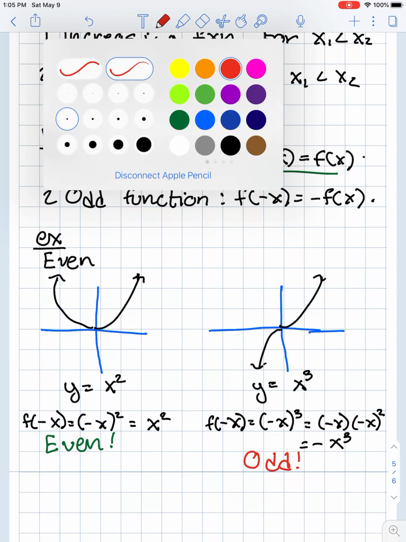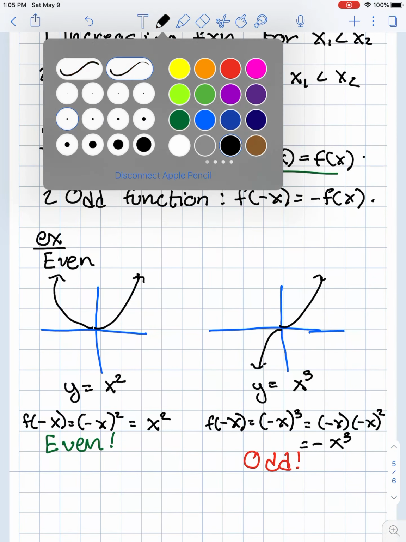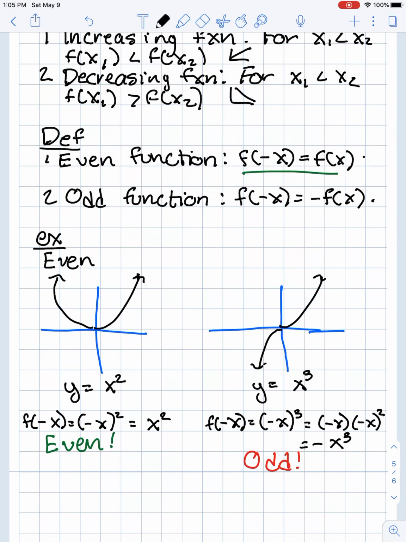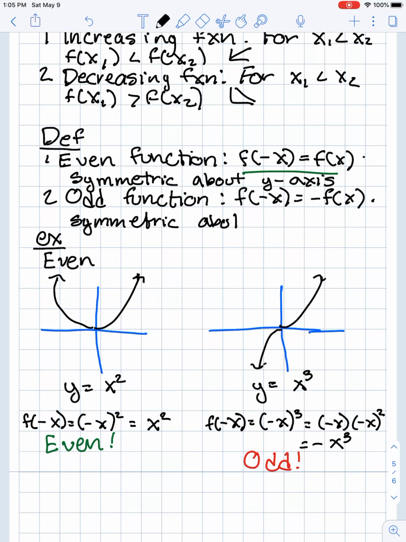Even and odd functions, you can even look at a graph and kind of tell them apart. Even functions are symmetric about the y-axis. And odd functions are symmetric about the origin.